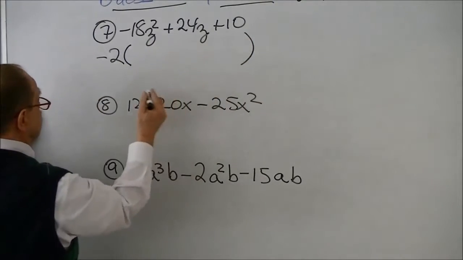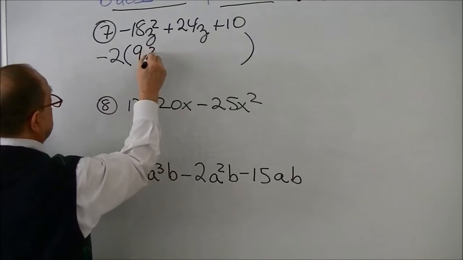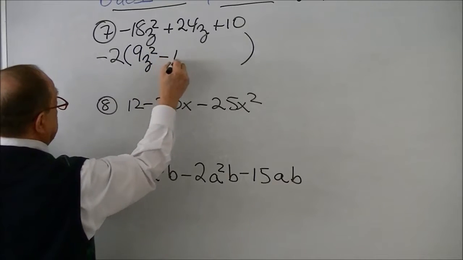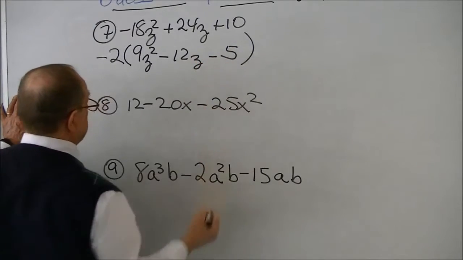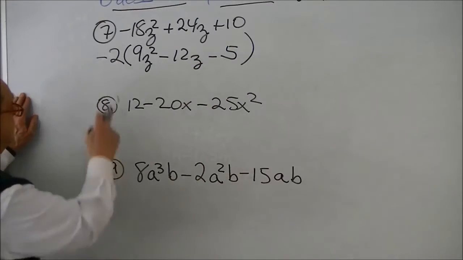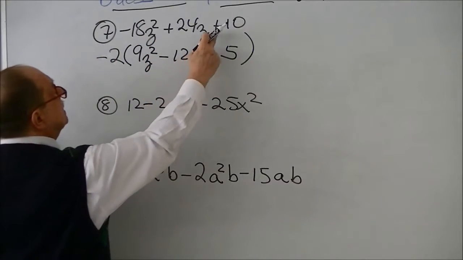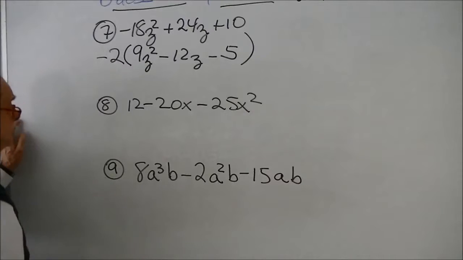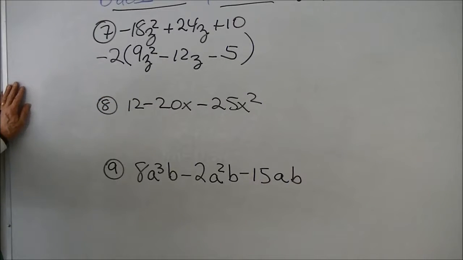That will reverse my signs. And then check it. So this was negative, now it's positive, positive, now it's negative, positive, now it's negative, and I've taken out a 2 out of every term.